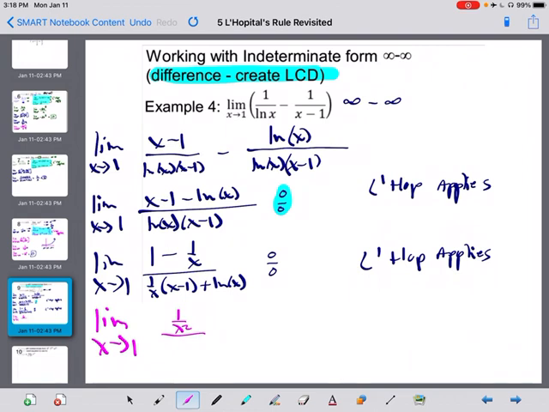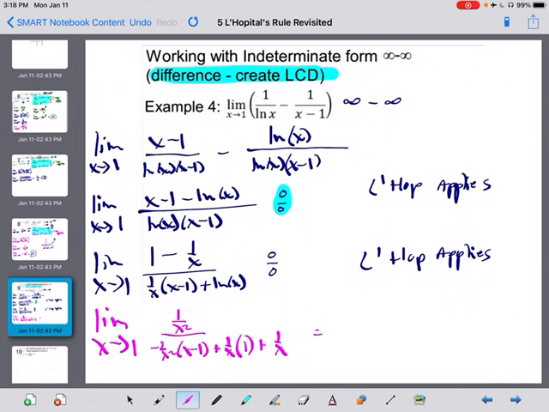over, okay, looks like I have a product rule again. So this is going to be negative 1 over x squared times x minus 1, plus 1 over x times 1, I guess. I don't really need to put the 1, plus another 1 over x. Let's plug in again.